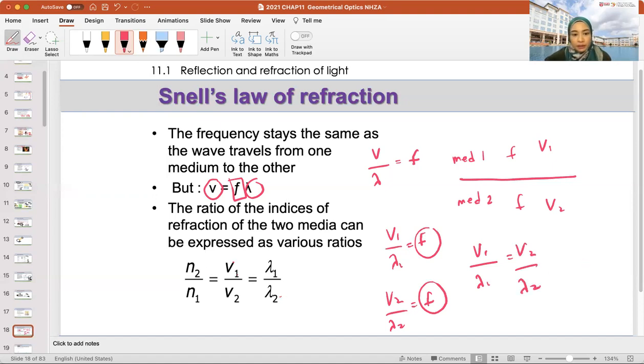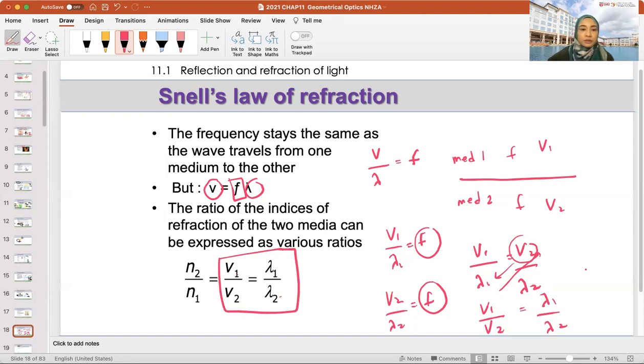I'm rearranging this to have V's on one side and lambdas on the other. V1 over V2, bringing this down here and this over here, so I have lambda 1 over lambda 2. V1 over V2 is equal to lambda 1 over lambda 2. This is our first ratio.